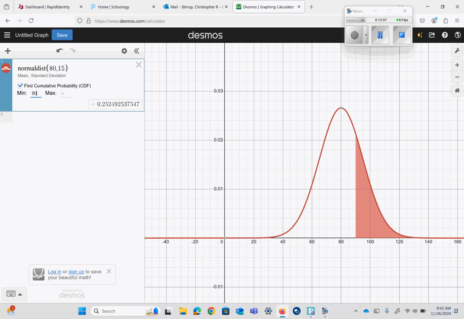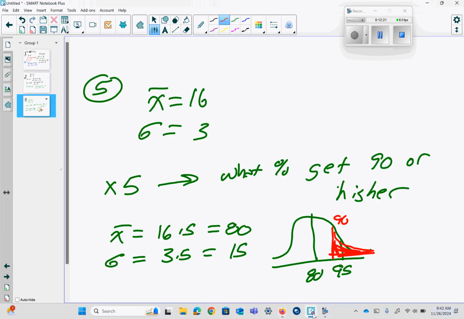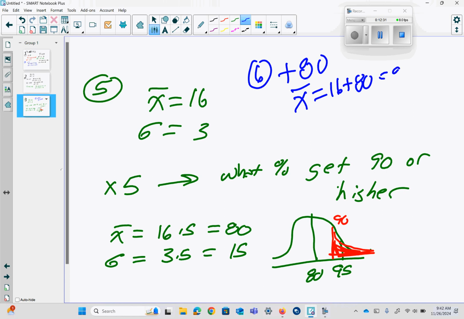All right, so number 6. We changed it up a little smidge. We might be able to do this on Desmos, but maybe not. Number 6 says we're going to add 80. So that's going to change our mean. It's going to go from 16 plus 80, that's going to go to 96.